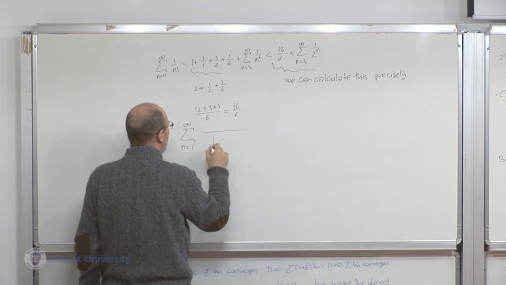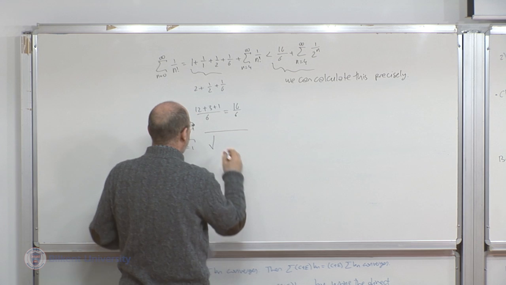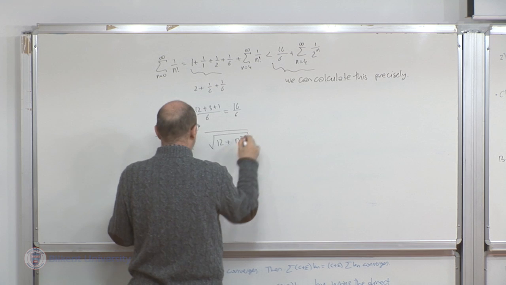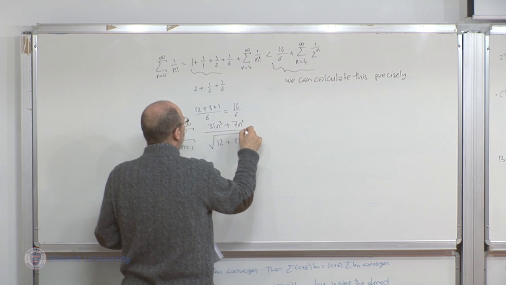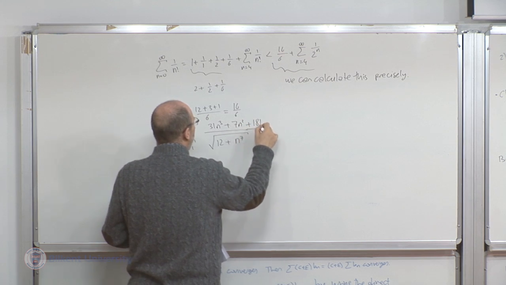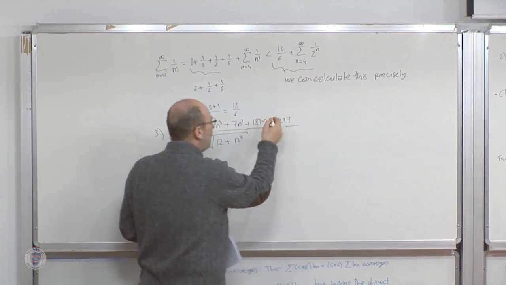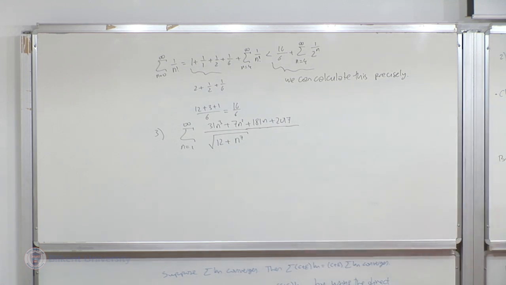So here I have square root something, and I already wrote something, so let me invent this: square root of 12 plus n to the 7, over 31 n cubed plus 7 n squared plus 181 n plus 2017. So you know that these numbers will not be relevant in the calculation. Okay, now the question is, does this converge or diverge?